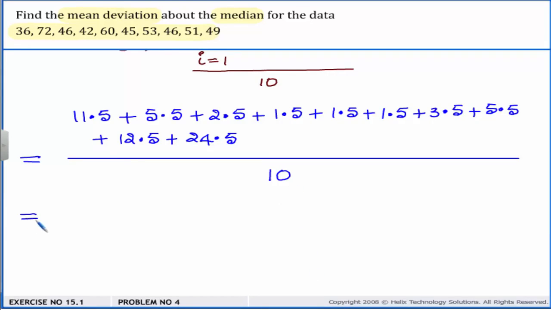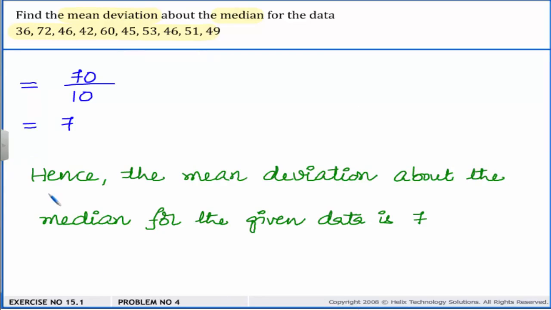On adding this, you will be getting 70 upon 10, which is equal to 7. Hence, the mean deviation about the median for the given data is 7. So this completes the solution.